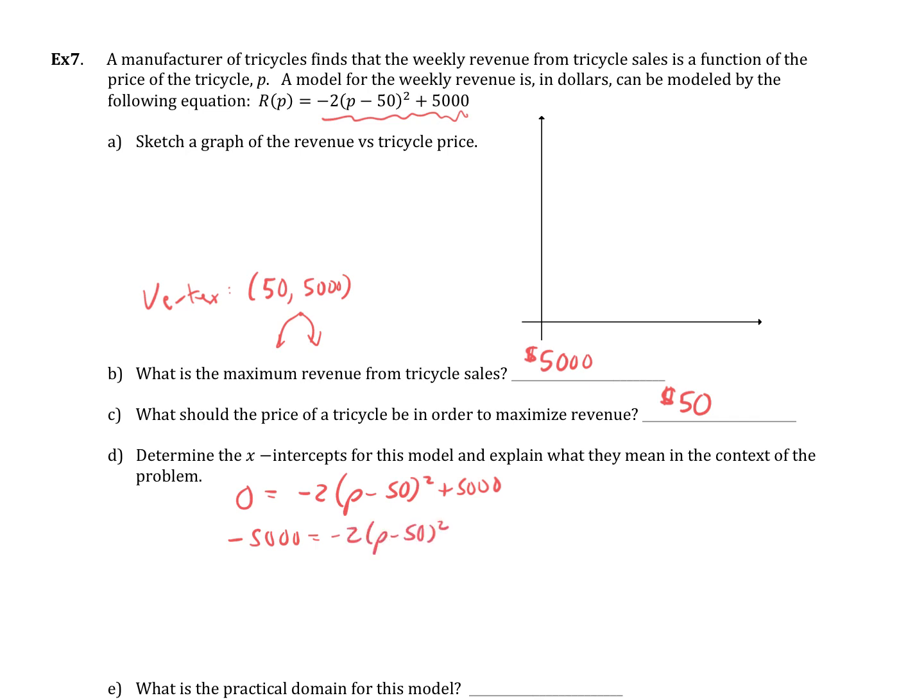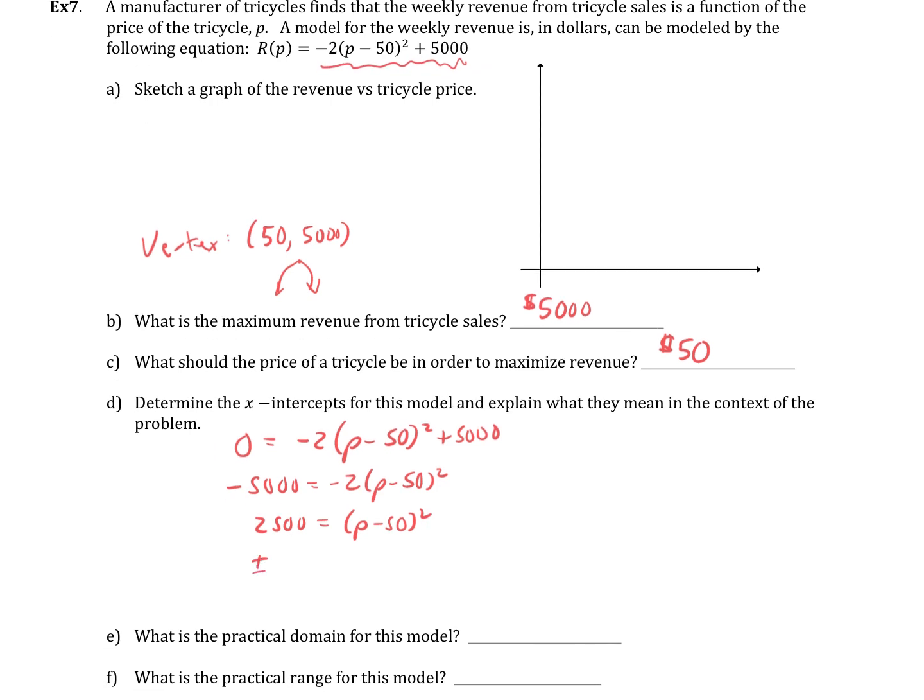Multiply everything by negative 2. This isn't so bad. I told you it was going to be okay. All right, and if I square root both sides, I get plus or minus 50. Oh, that's lovely. So P is equal to 50 plus or minus 50. So that's going to be either 0 or 100.